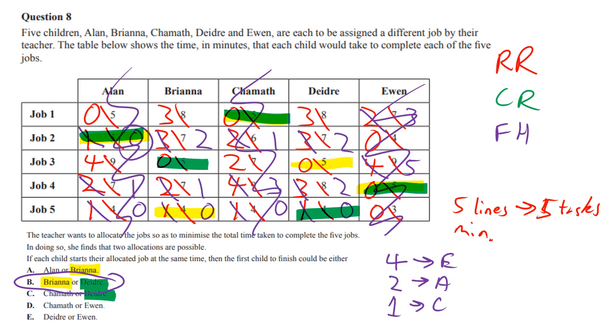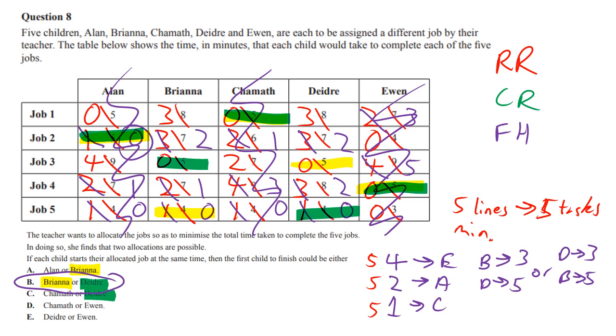So just to remind you that we could have done Brianna to job 3, and is that right? And Deirdre to job 5, or Deirdre to job 3 and Brianna to job 5, and their actual timings would have been, now if at E it was, they're all 5, aren't they? 5, 5, 5, 5, 5, 5, phone numbers for Hollywood movies, as you may know.